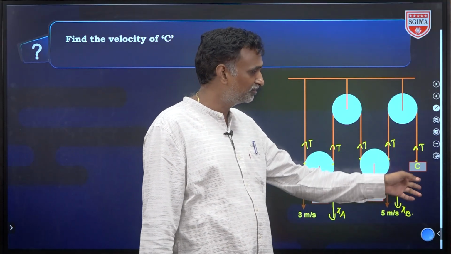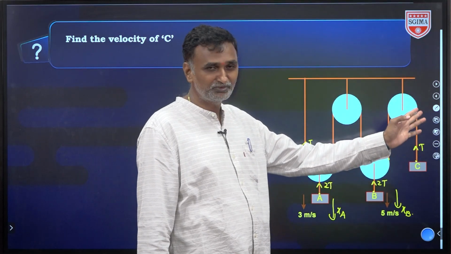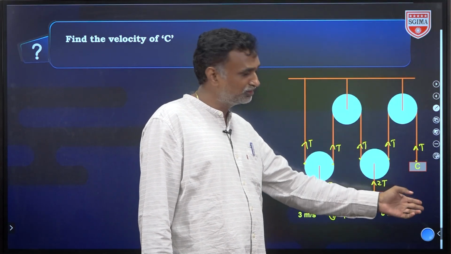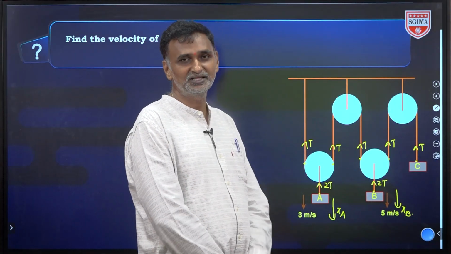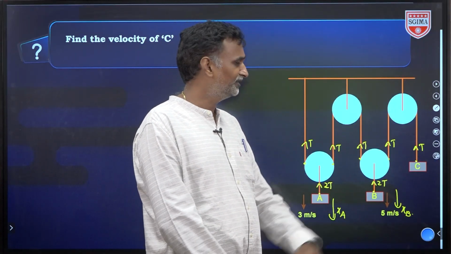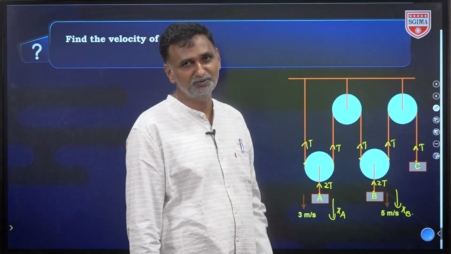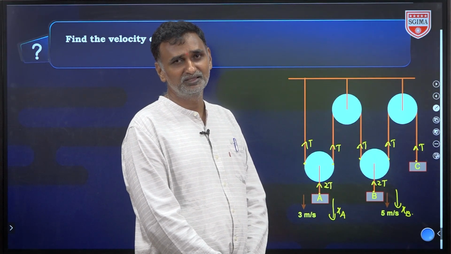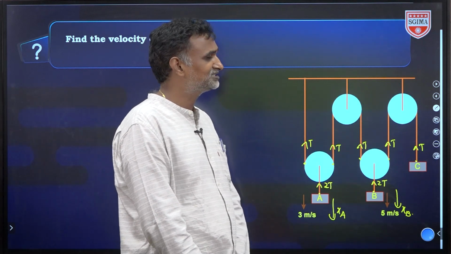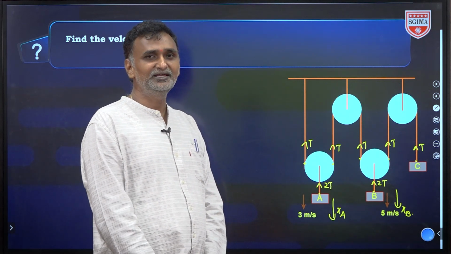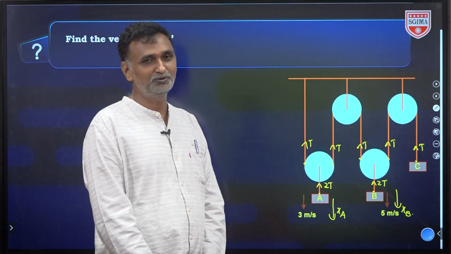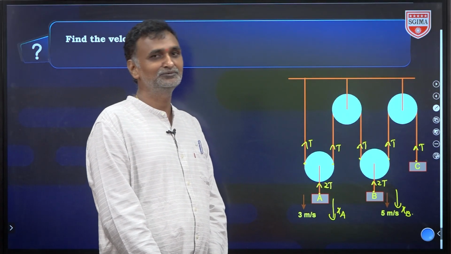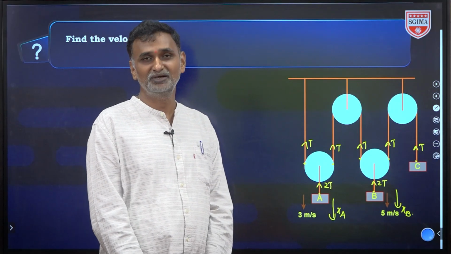If it is going downward and you took direction upward, then minus will come, and if it is going downward, you took downward, then answer will come plus. There is no problem. Magnitude will not have any problem. The magnitude of velocity will come as it is. But direction only is explained from the answer. Whatever the direction in which actually the block C goes, and you choose the same direction, then answer will be plus sign. Otherwise, it will come in minus sign.